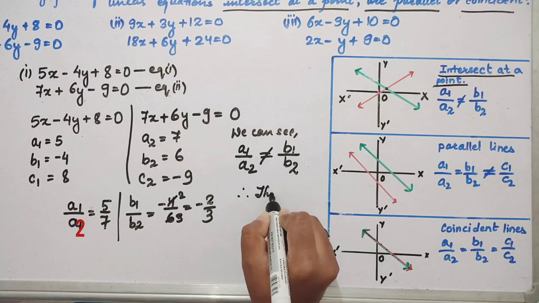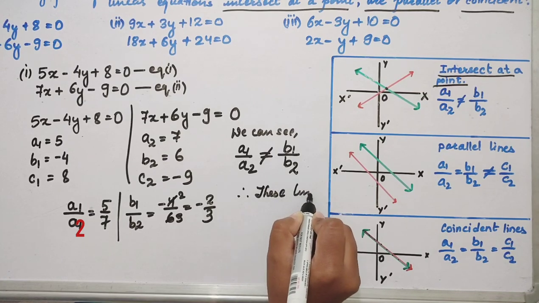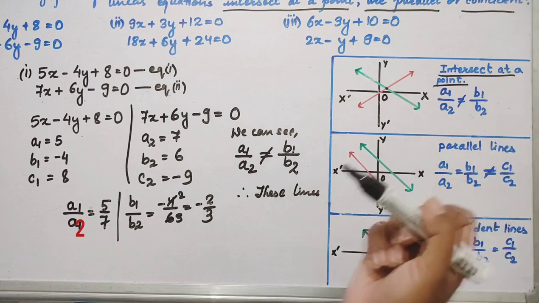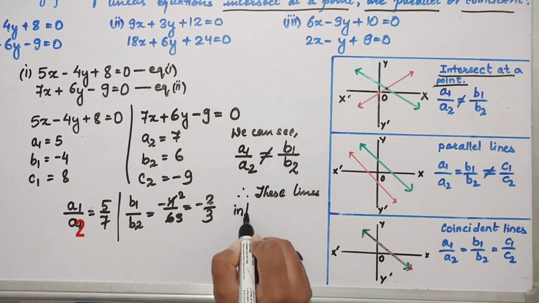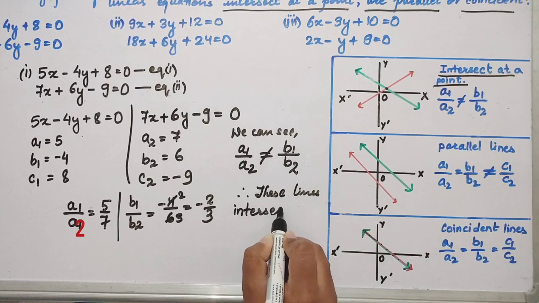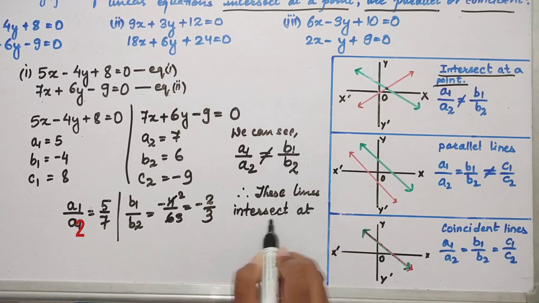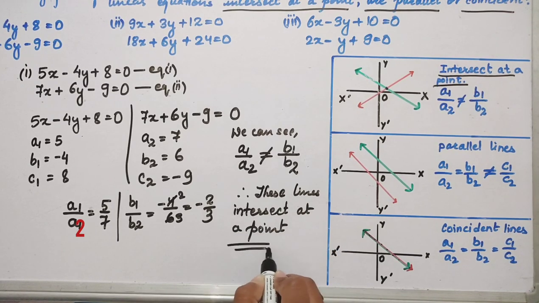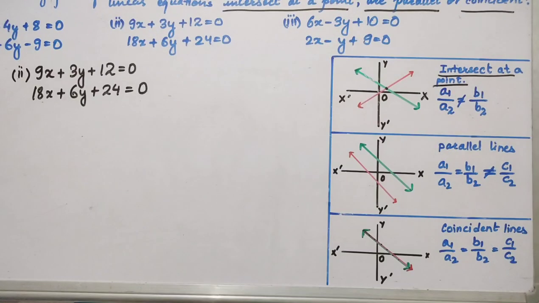Therefore, there is the condition, if a1 by a2 is not equals to b1 by b2, then these lines intersect at a point. This is the answer for question number 1. Moving forward to the next question.